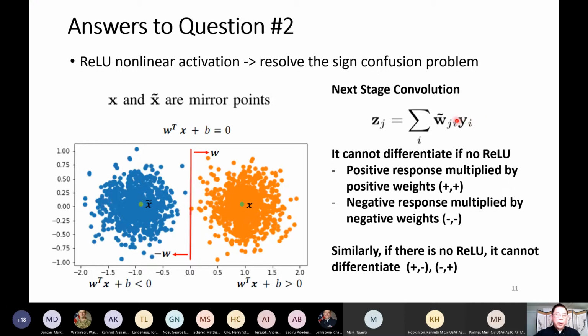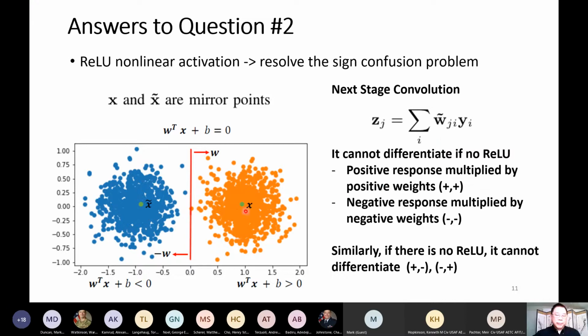Here we use y as the response after your first stage operation, so this output we call y. If you go to the next layer, because you have at least 2 stages, you have the coefficient in the next layer, and this coefficient can be positive or negative.